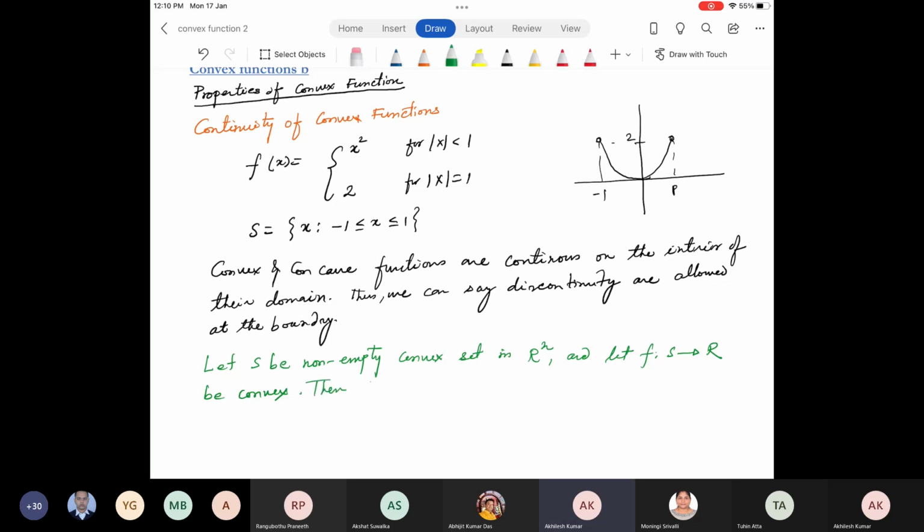Then f is continuous on the interior of S. So that is one of the important properties about the convex function's continuity.